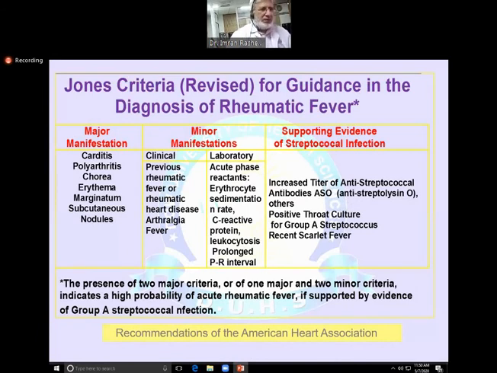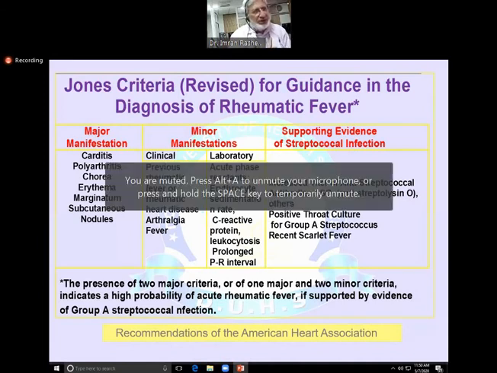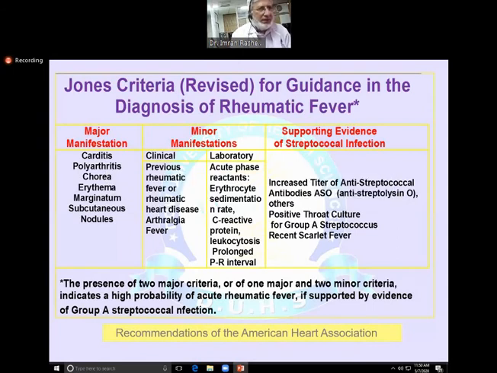So if the patient is having 1 major and 2 minor criteria plus supporting evidence of streptococcal infection, that will be confirmed as a case of most likely rheumatic fever. Or the patient may have 2 major manifestations present and there is supporting evidence of streptococcal infection, that is enough to diagnose that child as having rheumatic fever. So this is the Jones criteria that tells you how you are going to diagnose rheumatic fever.